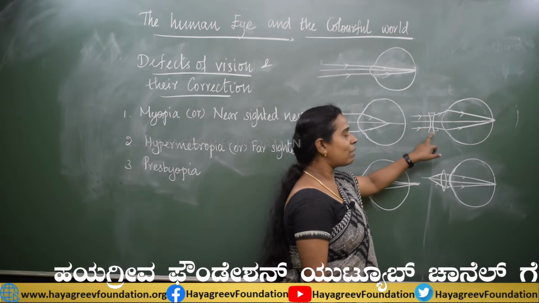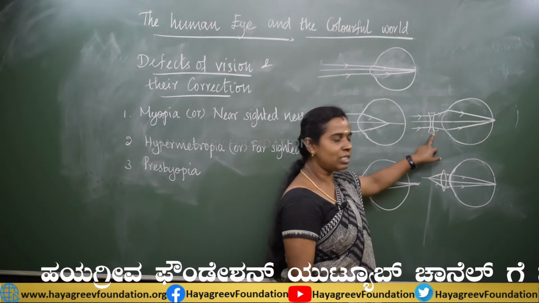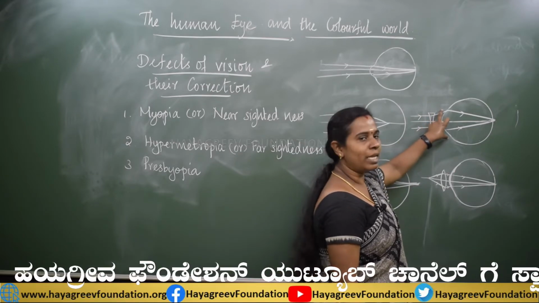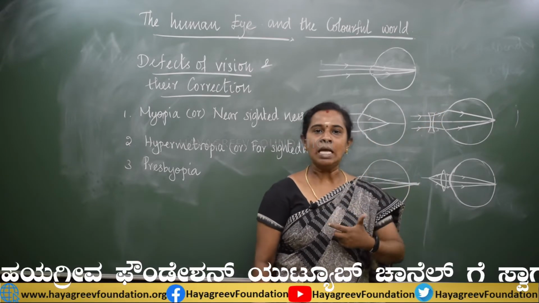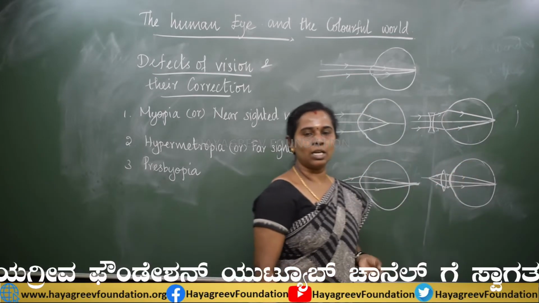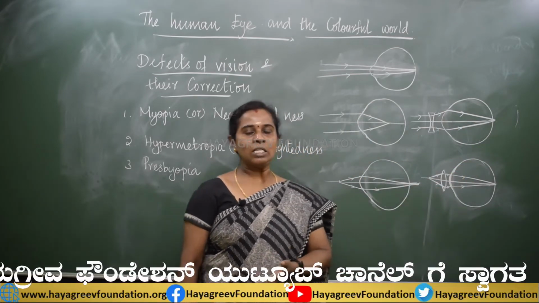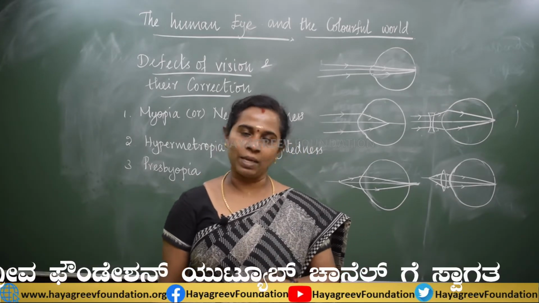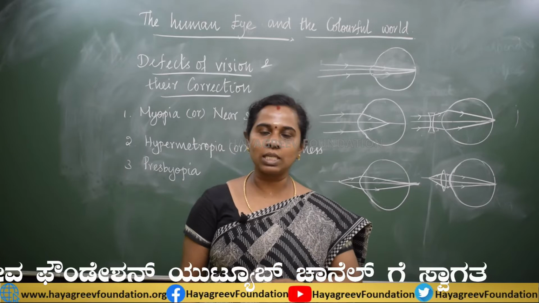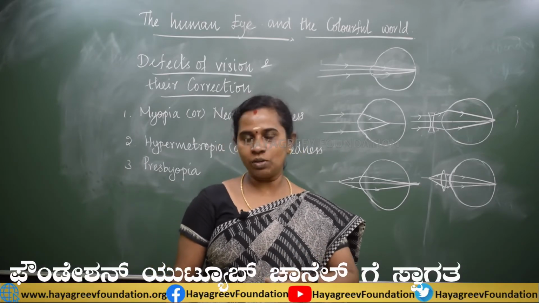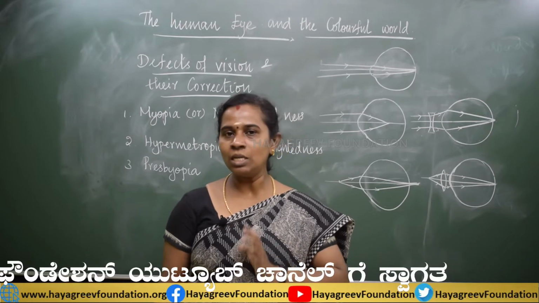Parallel rays fall on the concave lens and it diverges them. The diverging light falls on the edges of the eye lens, and then it focuses on the retina. This is the method to correct myopia. A question they may ask: how to correct myopia or short-sightedness? A concave lens or diverging lens is used to correct myopia.